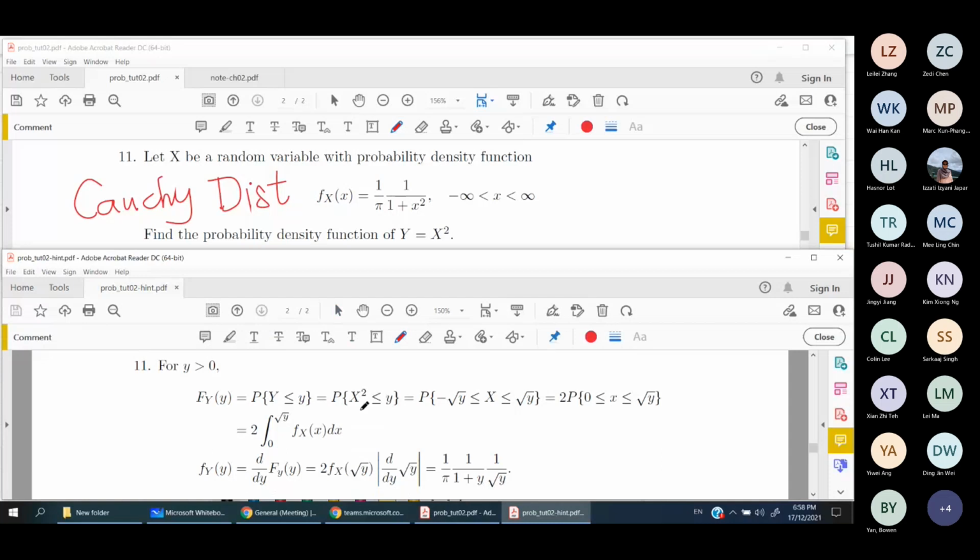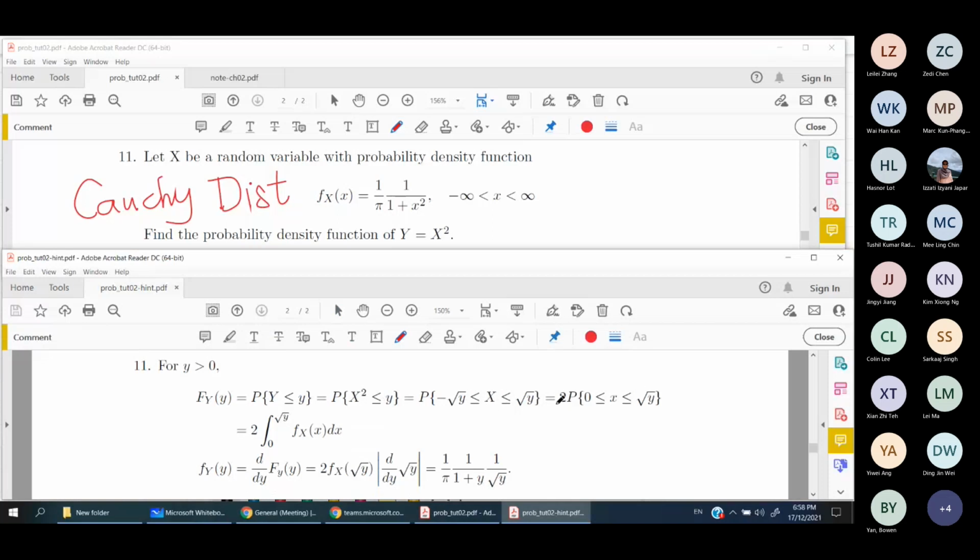And y is x squared, so we just substitute inside. X squared less than y, so then x must be between minus square root of y and square root of y. So this is standard.